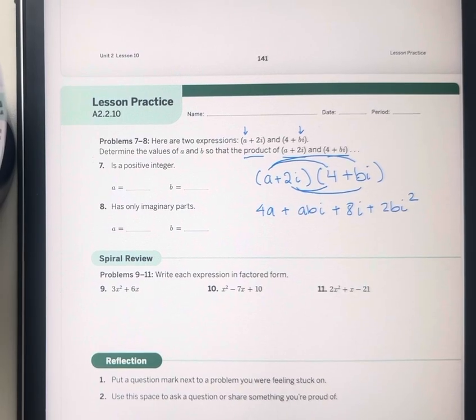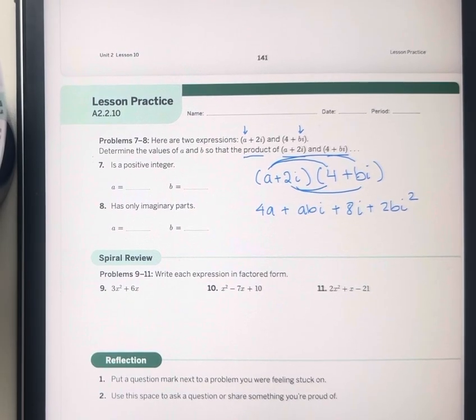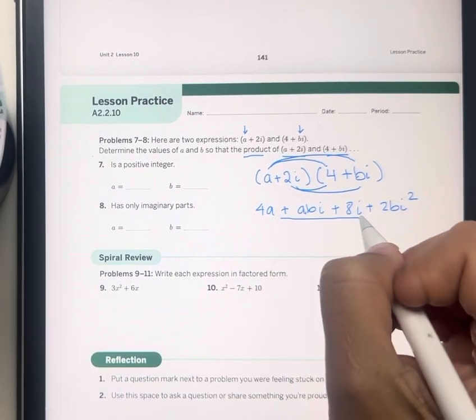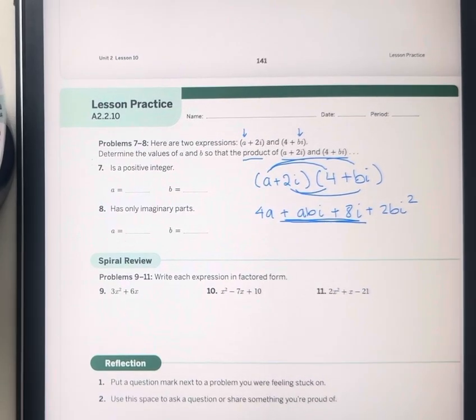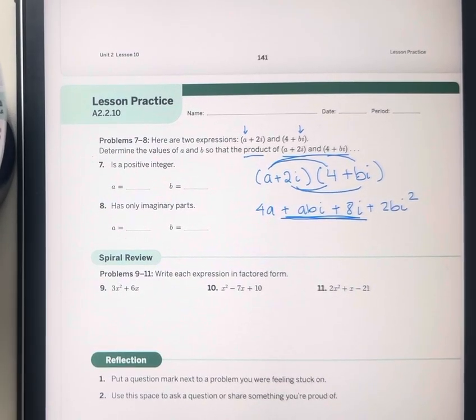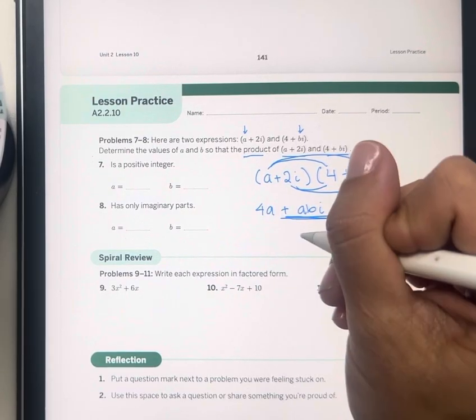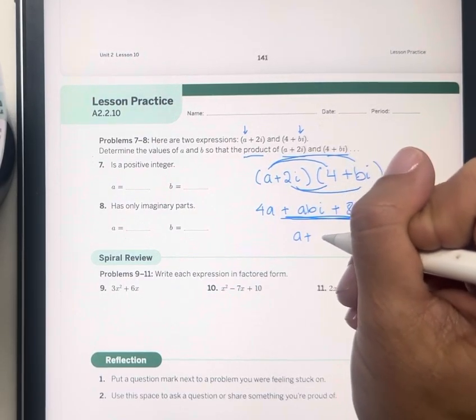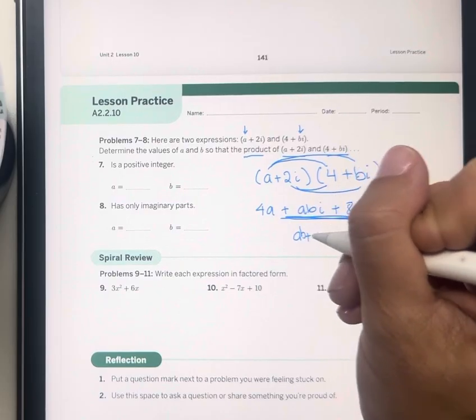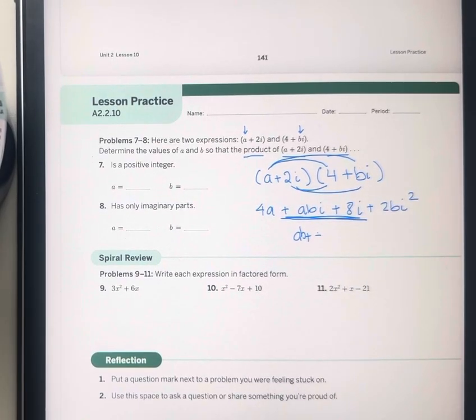And then if I simplify this, these are my like terms because their i situation is the same. Okay? So this is a b. Lost it. Did it all wrong.